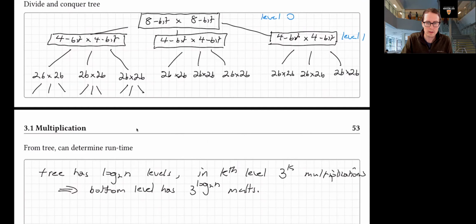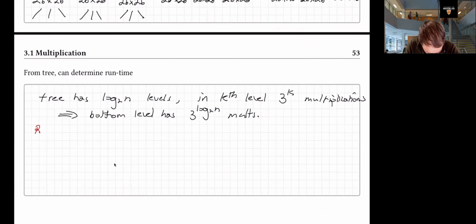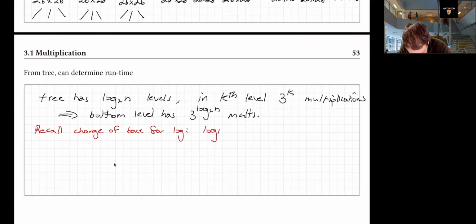Now, recall, I'll write this in a different color, recall the change of base for log, which tells us that log base b of x can be changed to a different base a as log base a of x divided by log base a of b.